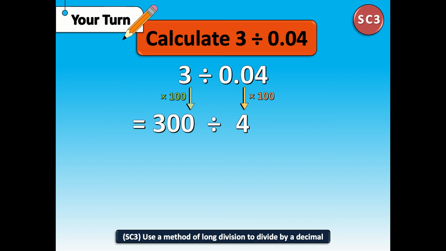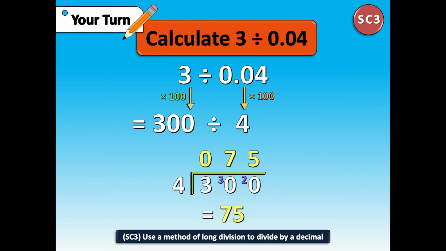So I need to do 300 divided by 4. For that, I use the bus stop method. 4 into 3 doesn't go, so I carry the 3. 4 into 30 goes 7 times with 2 remainder. And 4 into 20 goes 5 times exactly. So my answer is 75.